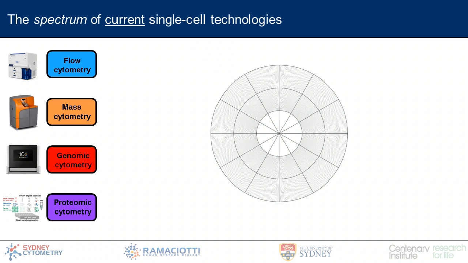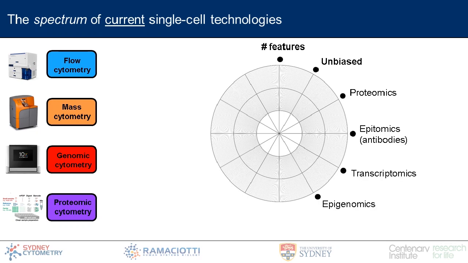And we can think of these technologies and how they fit together with something like this radar plot. There's a number of attributes to each of these technologies which allow us to think about how they're used. We can start with the number of things we're able to measure per experiment and how unbiased or how targeted these assays are. We can think a little bit about the kinds of things that are measured.